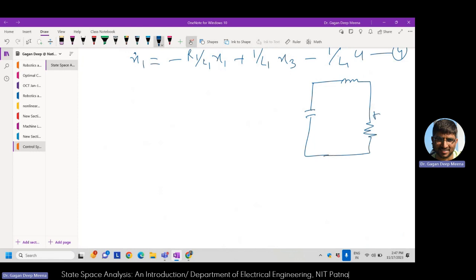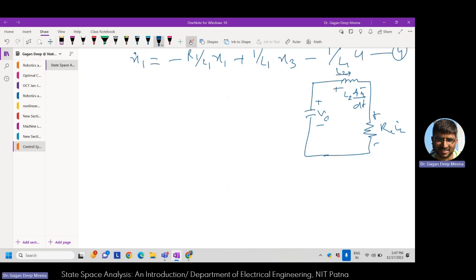So that's my R2 I2, and this is the current going in this direction, which is I2. So this would become L2 di2 by dt, and this is the VC voltage in this direction.